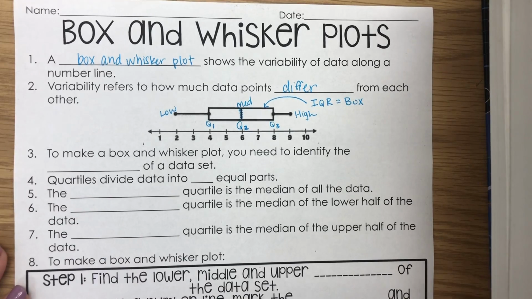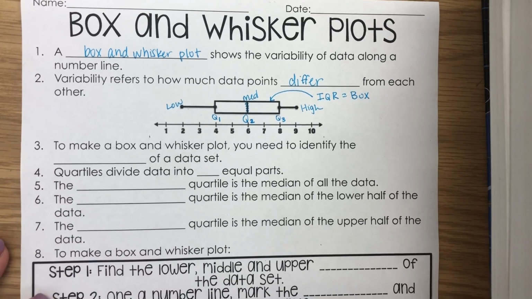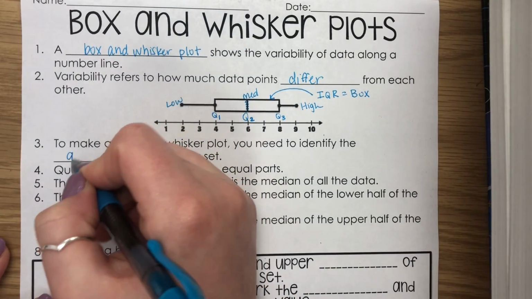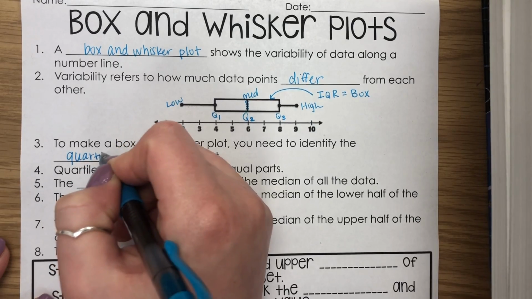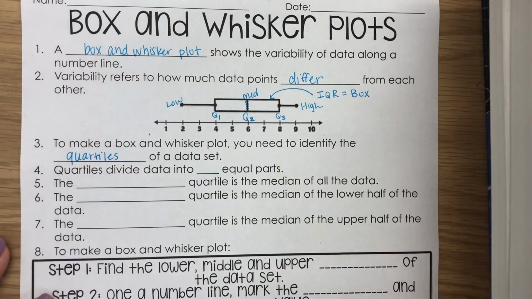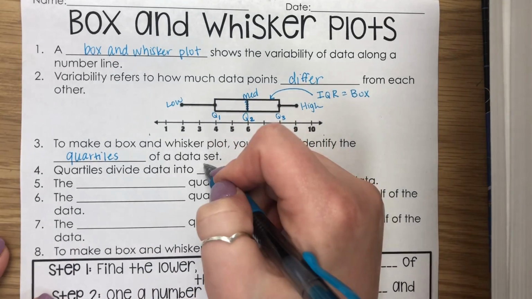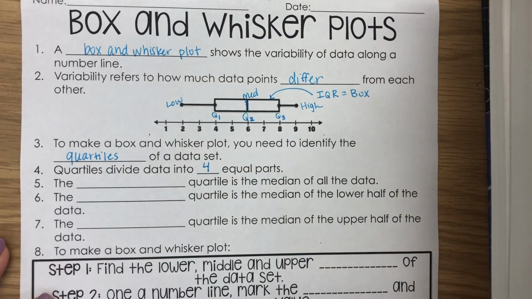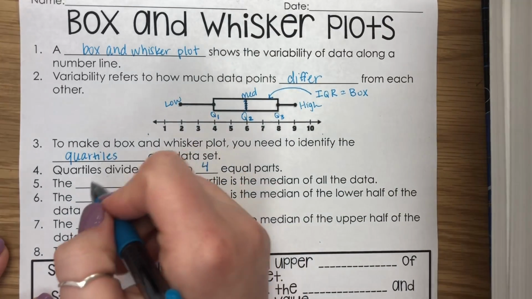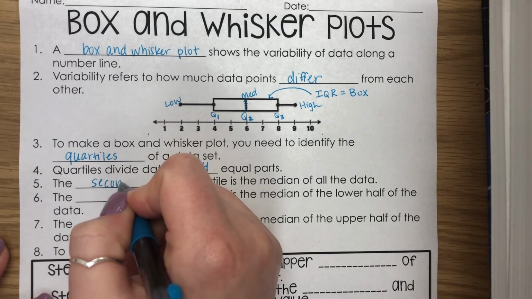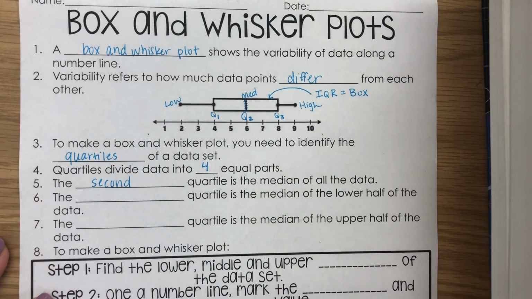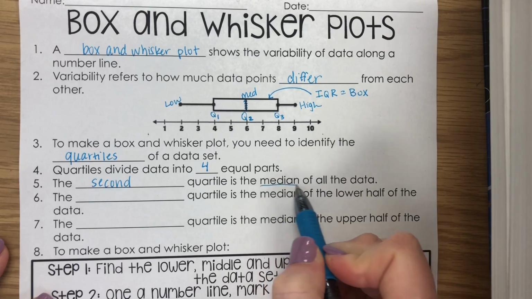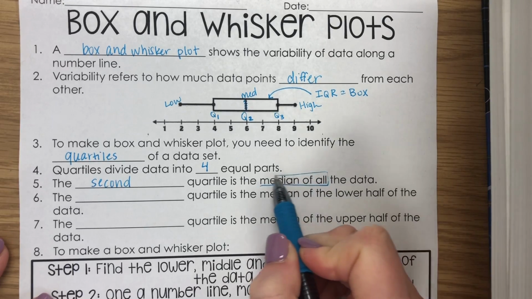Before we get too deep into it, to make a box and whisker plot, you have to identify the quartiles. So when you're given data, you have to figure out what the quartiles are. And if you remember, quartiles divide data into 4 equal parts because of that quart in the beginning. The second quartile is the median of all the data.